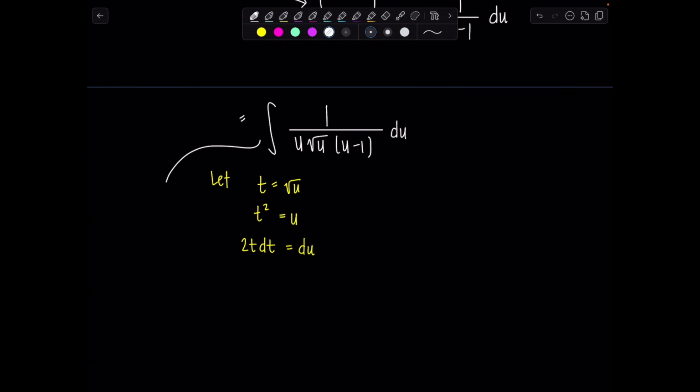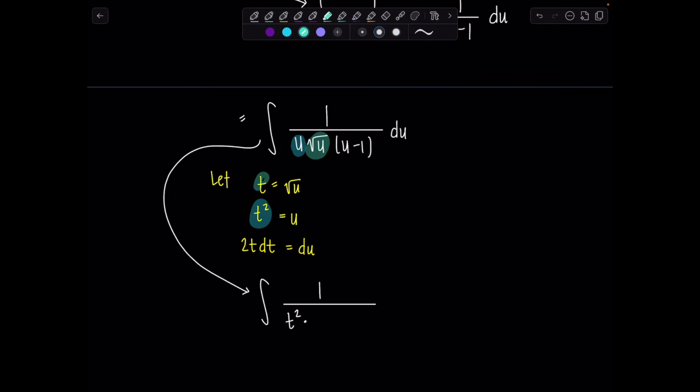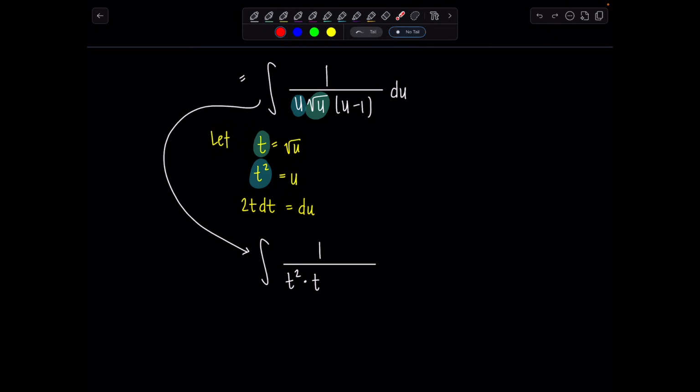So then let's see how everything's going to unfurl. We're going to rewrite this now in terms of t. So we have 1 over, now this plain old u is t squared. Then we have rad u. Who's that? That's t. So then we have u minus 1. Who's that? That's going to be t squared minus 1.